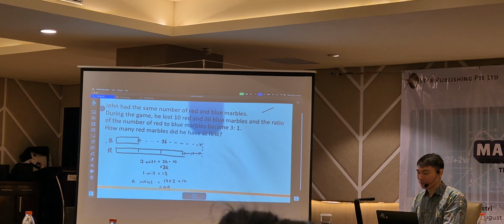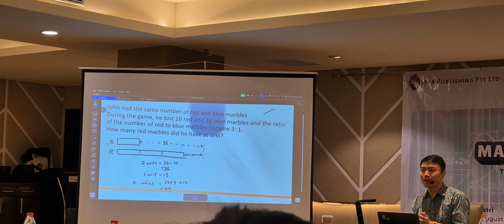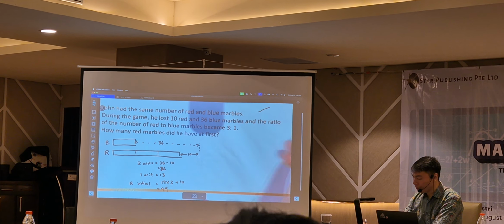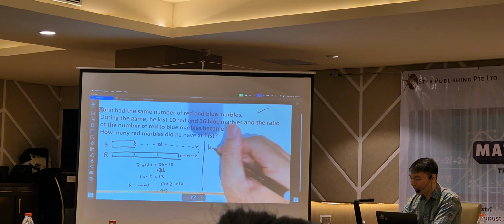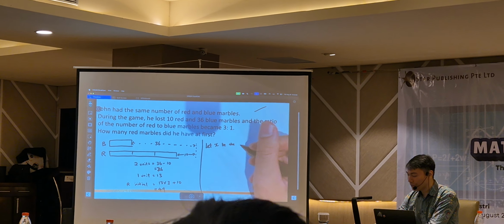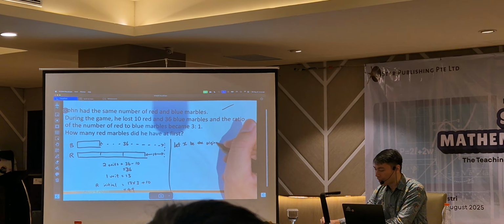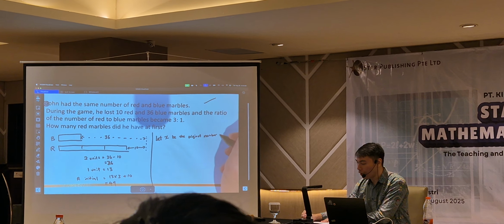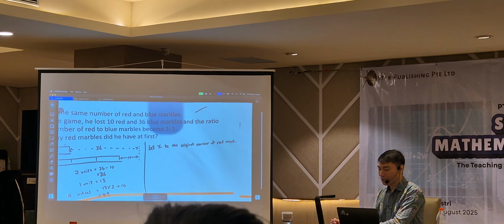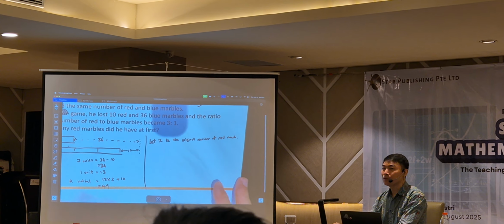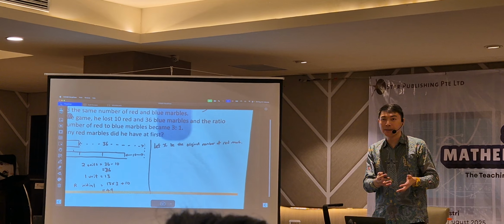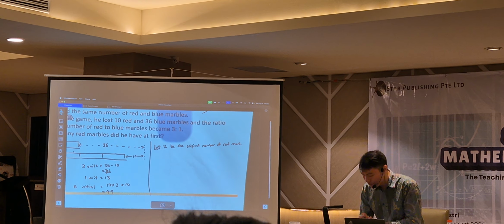Right? Now, for those of you who have used the algebraic method, I suppose this is what you will have done. You would let x, our favorite letter x, be the original number of red marbles. Right? So, we may use what we have done just now, representing ratio as a fraction, right? Many of you did that, I saw.